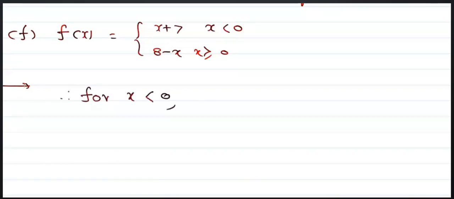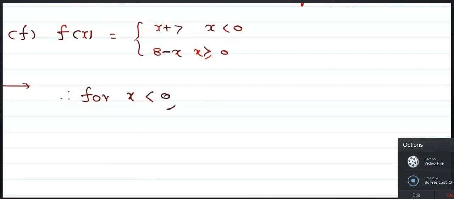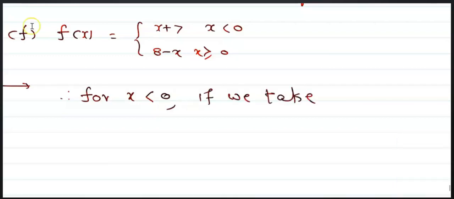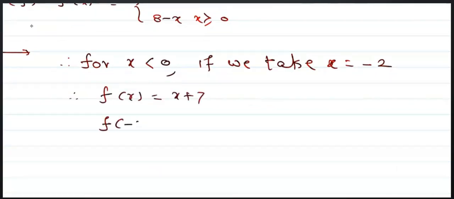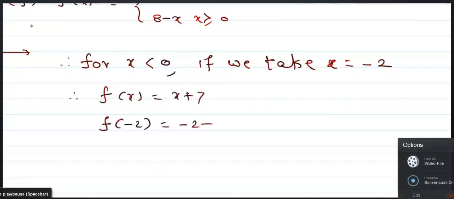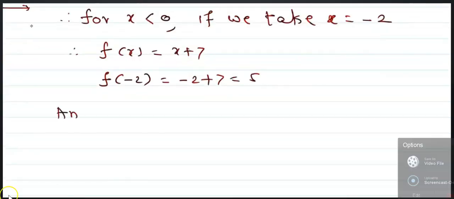In this case, for x less than 0, we can take x equal to minus 1, minus 2. Suppose we take x equal to minus 2, we will find its image. f of x is equal to x plus 7, so f of minus 2 is minus 2 plus 7, which equals 5.